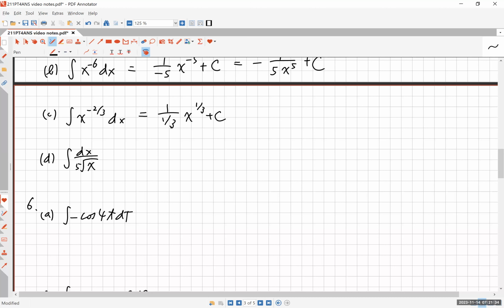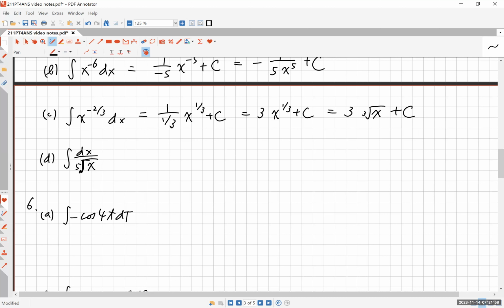But you can simplify this, and I think that's better, because 1 over 1/3 is basically 3, right? So this is what you get. That's okay too. You can also write this as 3 times the cube root of x plus c, and that would do the same.